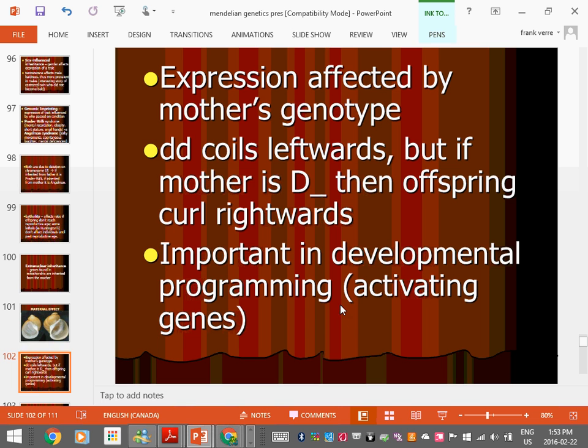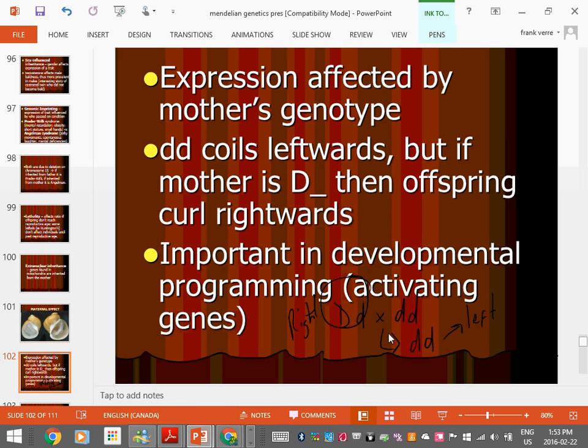If your mother is big D, little d, and the father is little d, and you end up becoming little d, you would expect left. But if the mother is right, you end up being right.